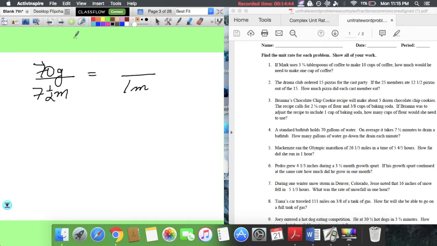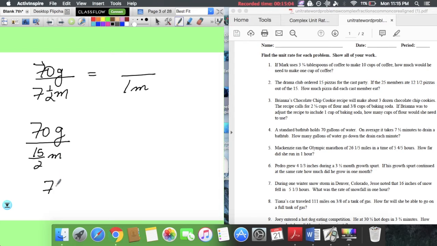Well, 7.5 minutes, you could have written as a fraction. If you do that as a fraction, at the bottom, 2 times 7 is 14 plus 1 is 15 over 2 minutes.